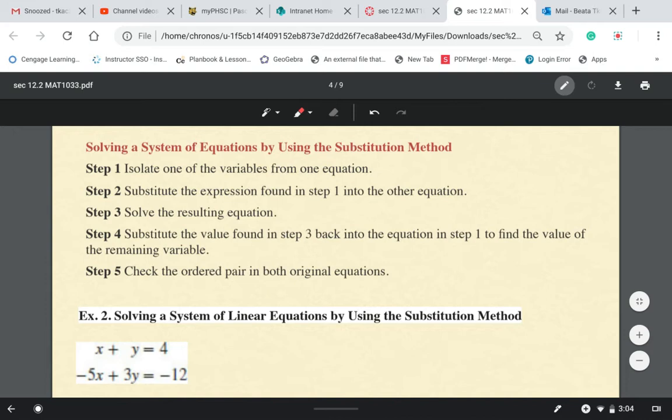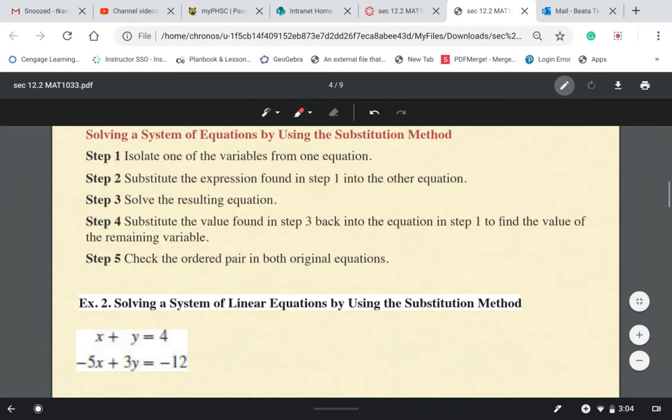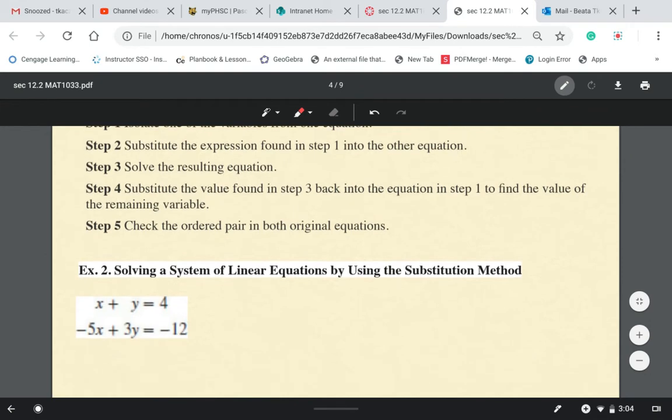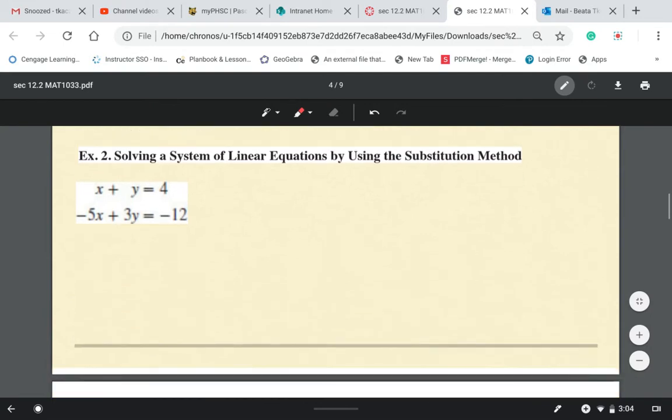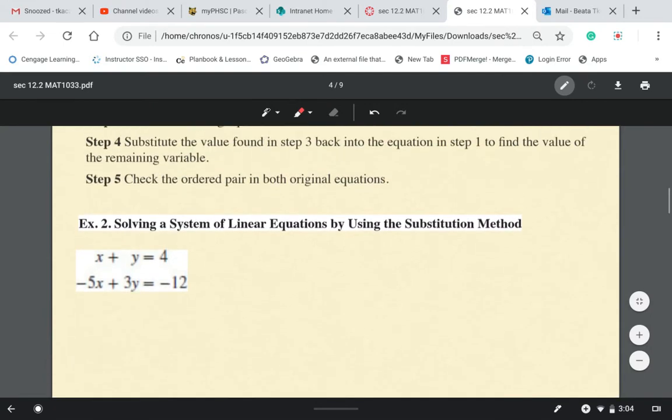Check the order pair in both original equations. So again, you have all the steps. When I'm solving those problems with you guys, of course, I'm going to tell you exactly what I'm doing. So that will become more friendly for you.